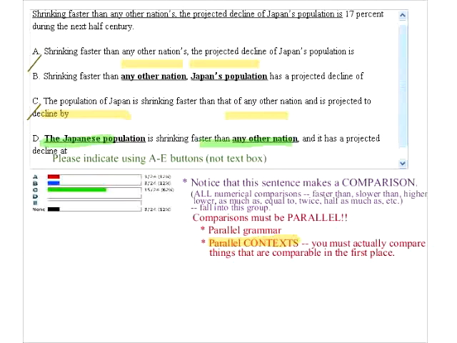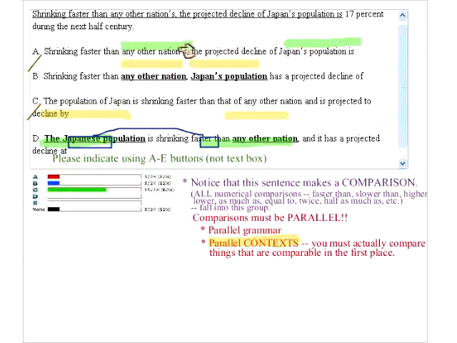On the other hand, green light on these ones: Japan's population and that of any other nation. That of is a pronoun. It's got to have something to stand for over here. But it does. That is the population. So that works. Same thing here. You've got any other nations, Japan's population. You can do this sort of elision thing.